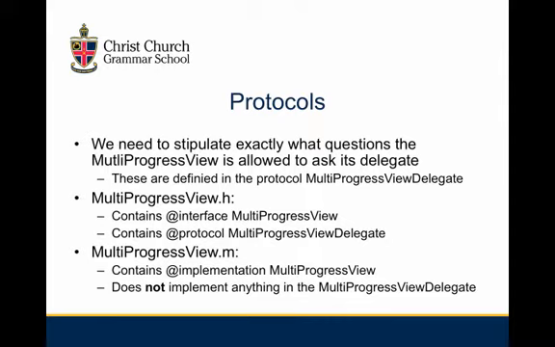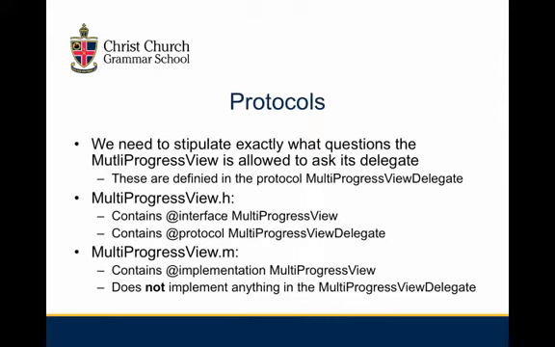That is the name of the protocol. Usually, if you have one delegate and you have a set of expectations, you call it yourself and then add the word delegate. So MultiProgress View defines a protocol called MultiProgress View Delegate. That is, if you want to be my delegate, you must implement the following methods. Implement means write .m files for.